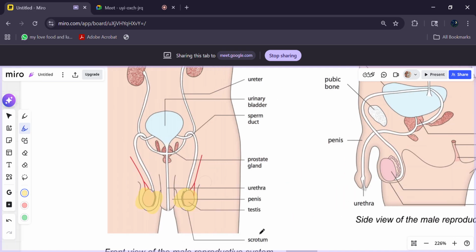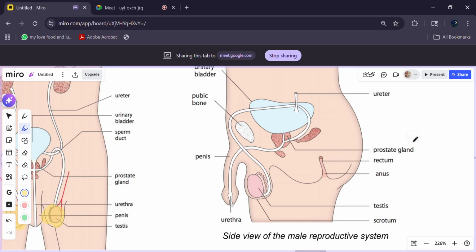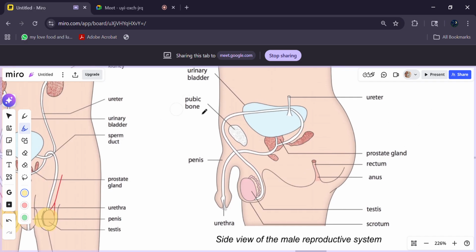Now this is the front view of the male reproductive system. Here we have the side view. You have the pubic bone, which is in front of the urinary bladder. We have the anus, prostate gland, rectum, testis, and scrotum. The testes lie between the thighs, and both testes are in a pouch-like sac called the scrotum or scrotal sac.